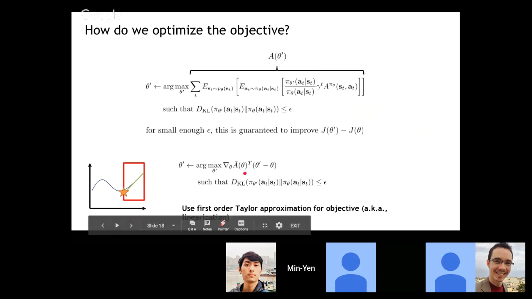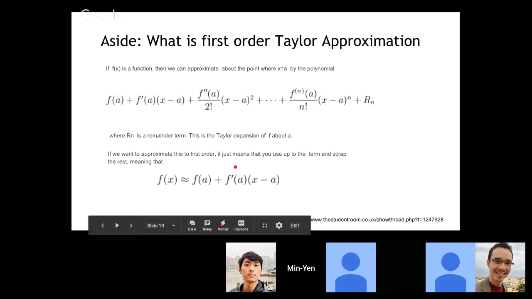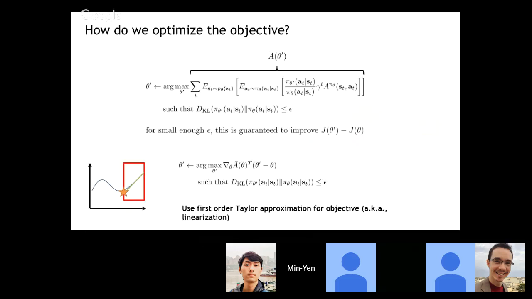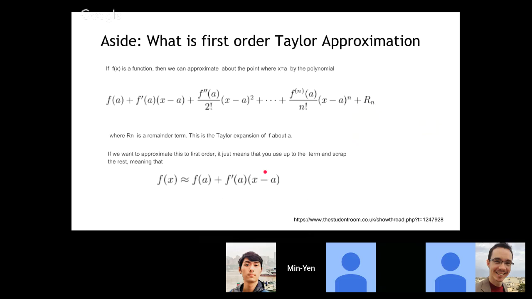To optimize this, we do a gradient on that value, and then we take argmax. We say which theta prime maximizes this objective. So we have to compute the gradient. Here we can use Taylor approximation to compute this gradient. We have to calculate this complicated function at this value, so for that we can use Taylor approximation.